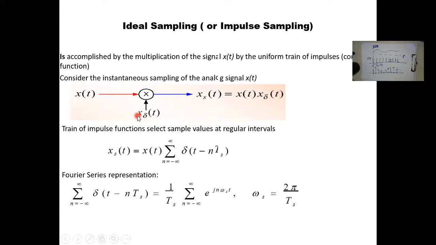This is just a train of delta Dirac functions. Then you will get a discretized signal in the time domain. Again, don't forget, my dear student, this signal is not digital, it's still semi-digital, because you have discrete values on the x-axis. However, the values on the y-axis are still analog. So this is a semi-discrete signal.